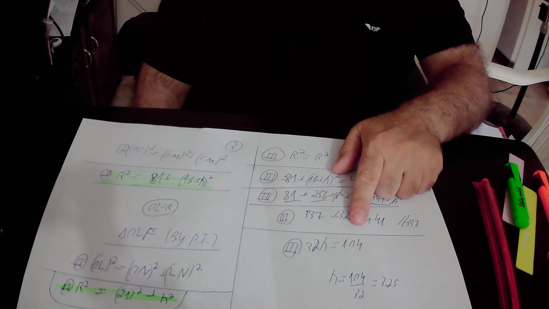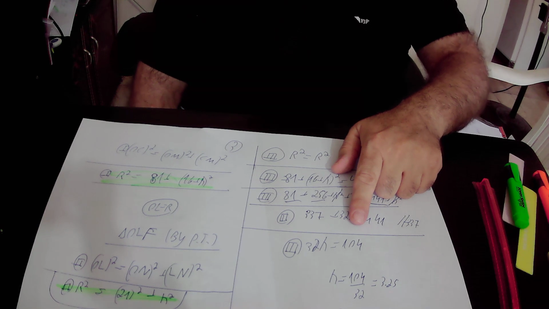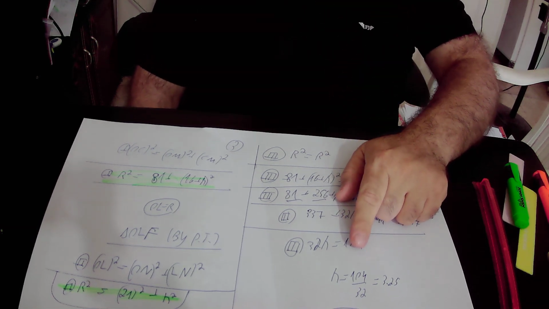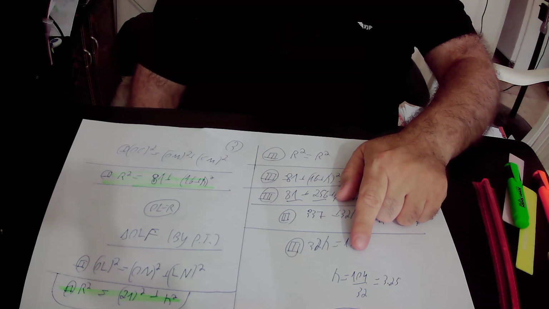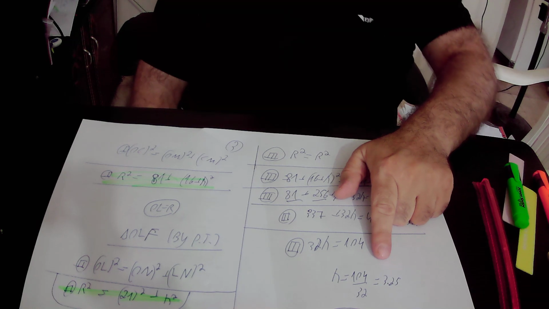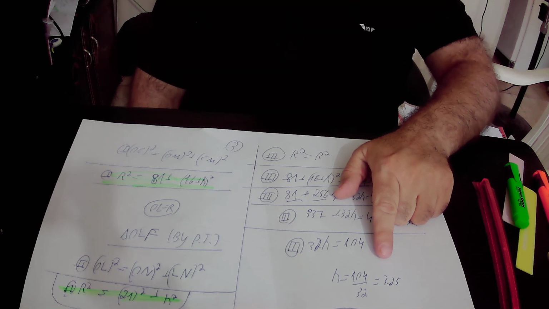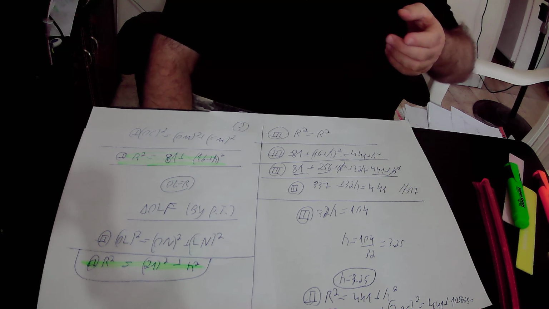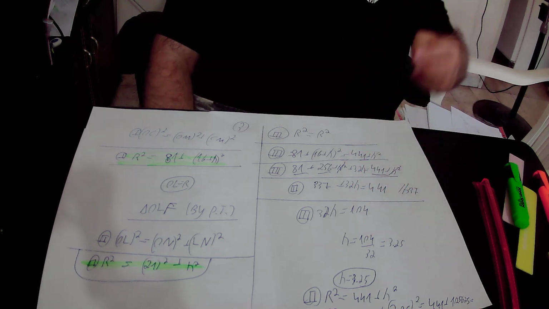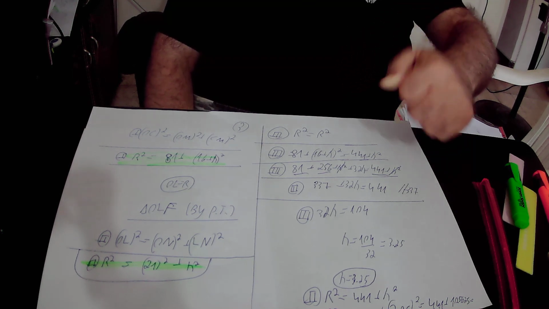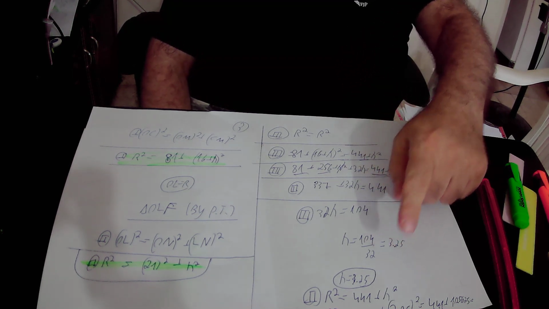Here we divided equation number 3 by 32 and found that H equals 104 over 32. 104 over 32 is 3.25 units. So we found that H equals 3.25 units.